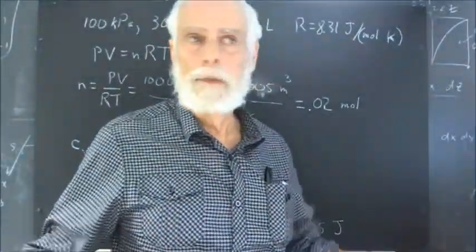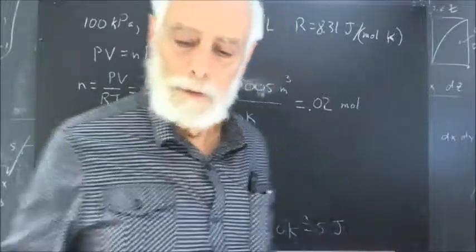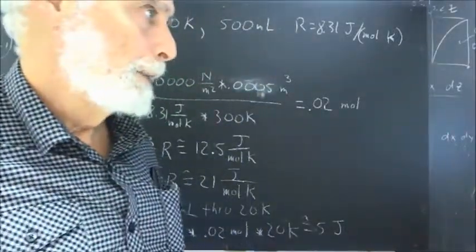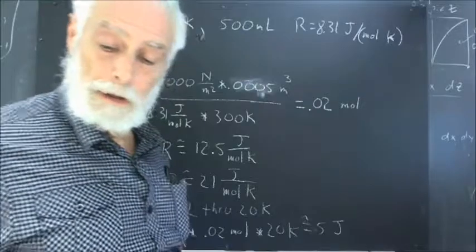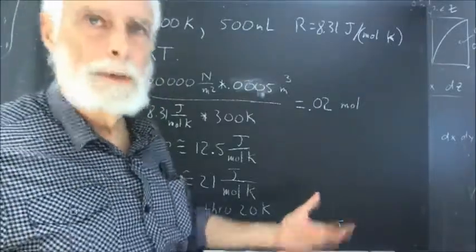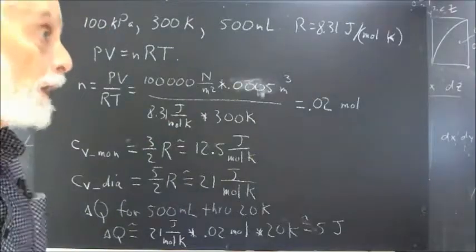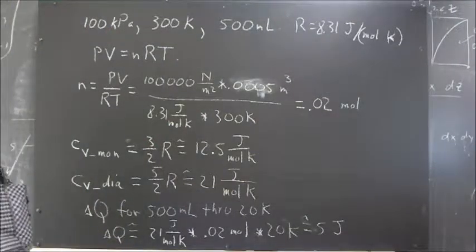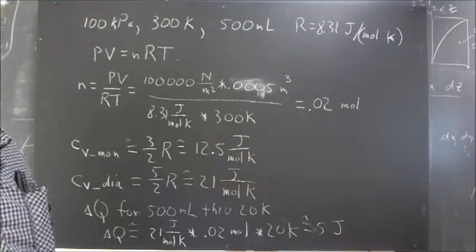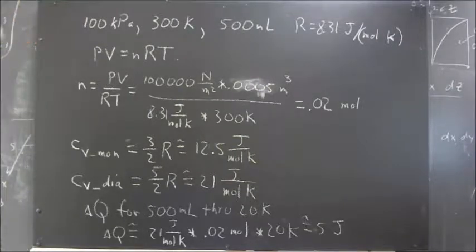And 300 Kelvin, which is a little warm for the room, but not an atypical or completely ridiculous room temperature. Room temperature is usually closer to 23, 24, 25 degrees Celsius. 27 Celsius would be 300 Kelvin, so a few degrees warmer than typical room.